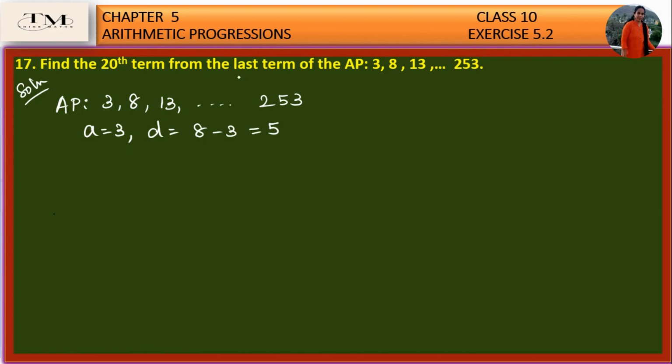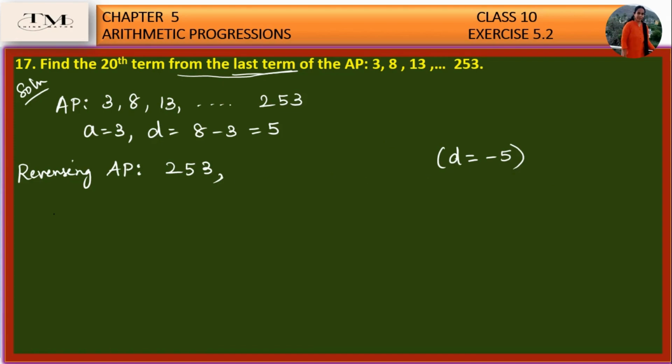So if the question is from the last term, you can reverse the AP and find it directly. So I am reversing the AP. If I reverse the AP, the last term will become the first term, 253. So for this AP, d will be negative 5.